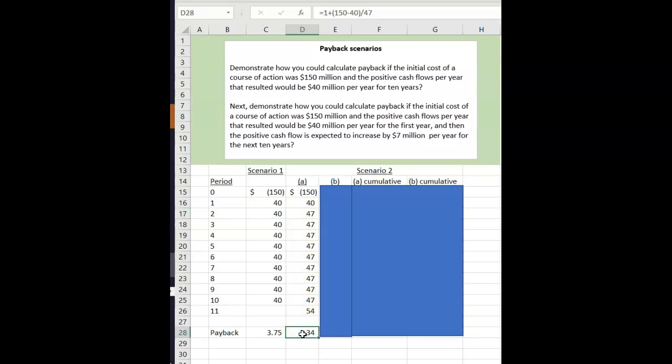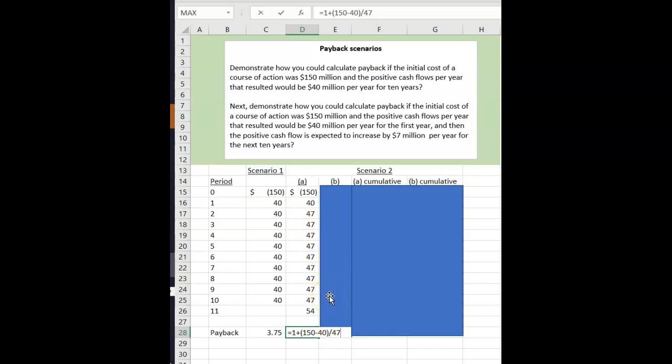Now, here's what I'm doing. We know there's 1 year in the hole, 150 minus 40, and then we have 110 left. So payback is 1 year, and then you take the 150 minus 40, which gives you 110, and divide it by the 47, right?